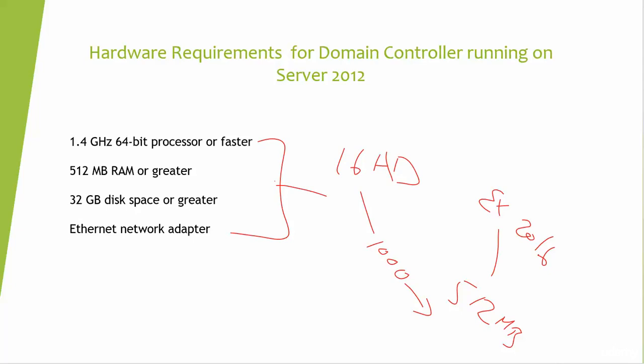So this is the hardware requirement for Exchange Server 2016 when you're running an Active Directory. I hope you have learned something, and I'll see you in the next lesson where we will install an operating system for our Active Directory services.